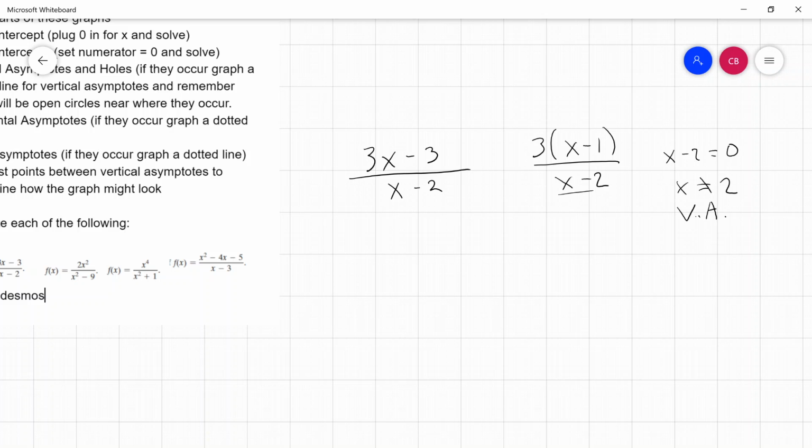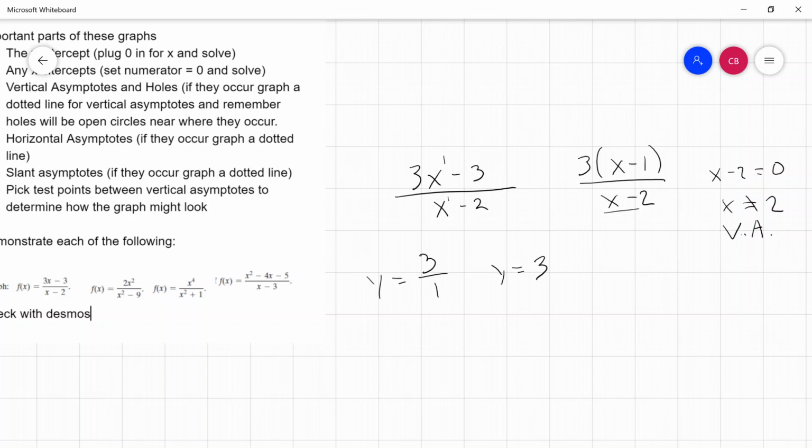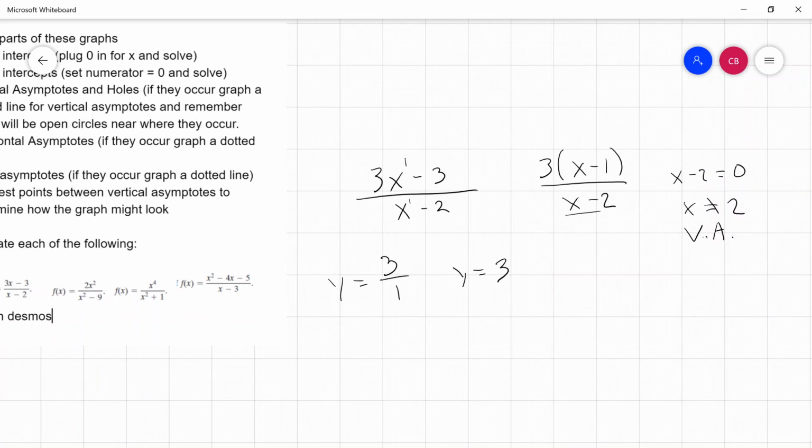As far as horizontal, this is 3 over 1. y is equal to 3 over 1 because this is degree 1, this is degree 1, so y equals 3. There's an asymptote. This is equal to 0, so y is equal to 0 when x is equal to 1. So let's look at that real quick.